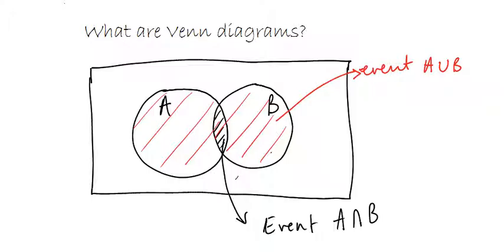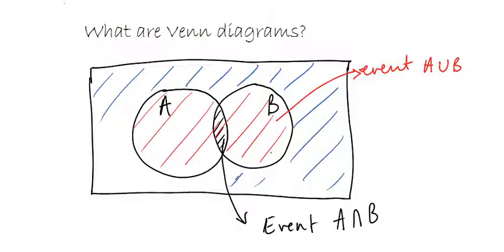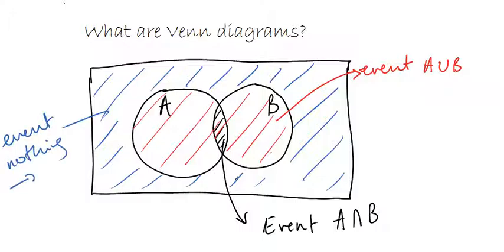And here, in blue, would be event nothing. I'll call it event nothing, but you could call it not A and not B. So the Venn diagram allows you to map out every possible scenario.